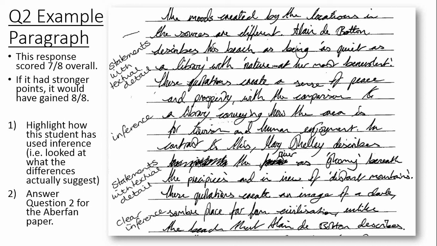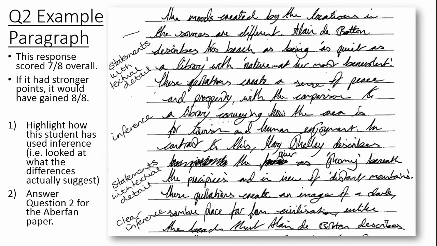You'll see now it goes on to talk about the second text, and this is what I mean when I say PEE and then PEE for the second text. In contrast to this, so again a clear discourse marker, a clear signpost signalling that it's moving on to compare, Mary Shelley, the writer of the second text, describes the river as gloomy beneath the precipices.